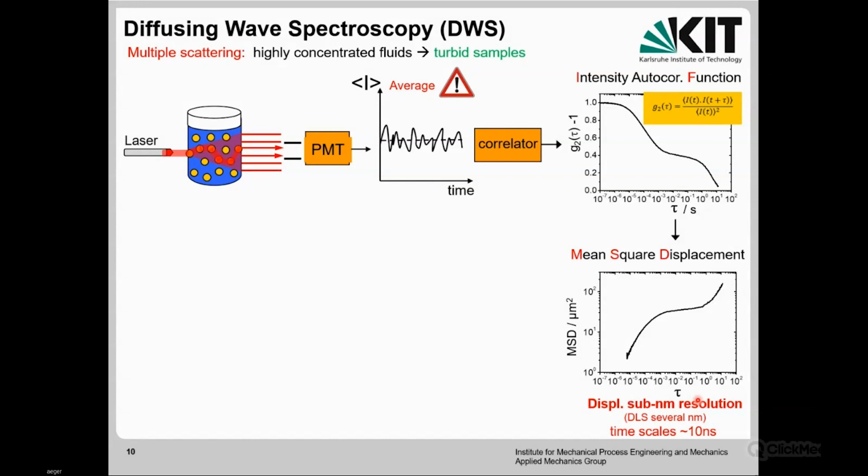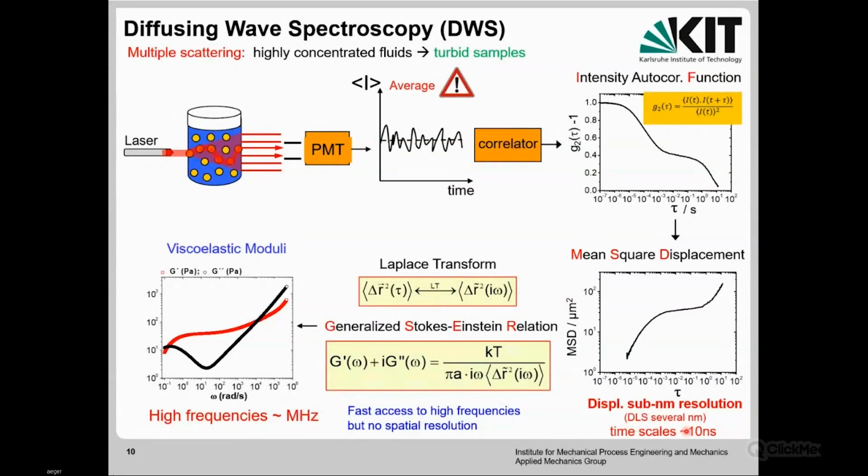That means very small displacement means very short time scale, down to 10 nanoseconds. Short time scale, inverse time gives you the frequency domain. Therefore, we can obtain high frequencies by using DWS. As you can see here, the frequency range is now after using this generalized Stokes-Einstein relation.